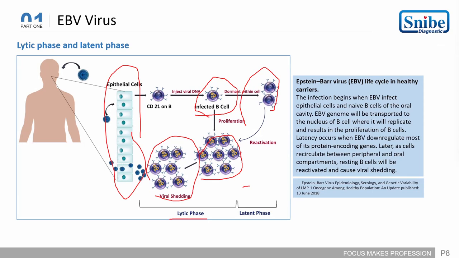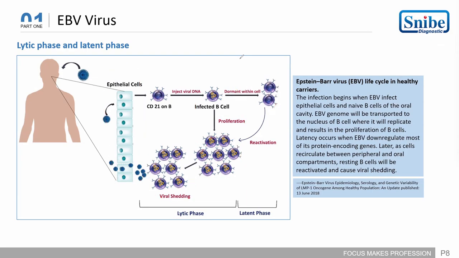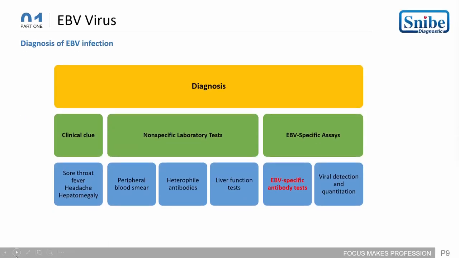The resident B cells will be reactivated and cause viral shedding. So this is the lytic phase and the latent phase of the EBV virus, once it has entered the body and spread in this procedure.